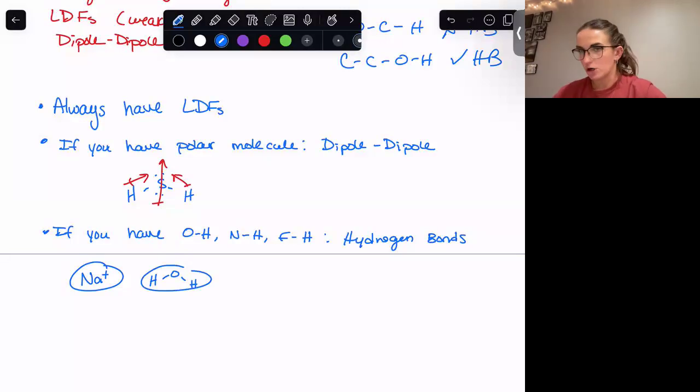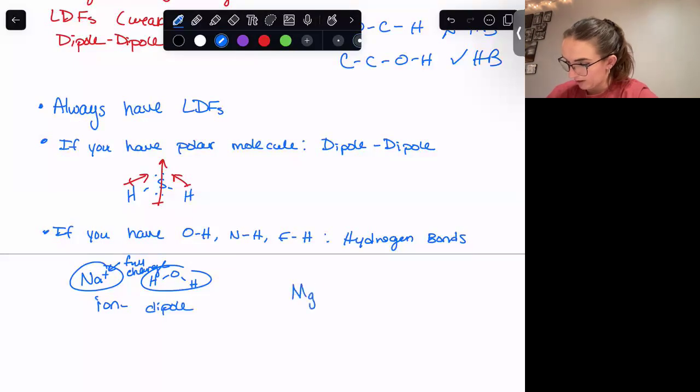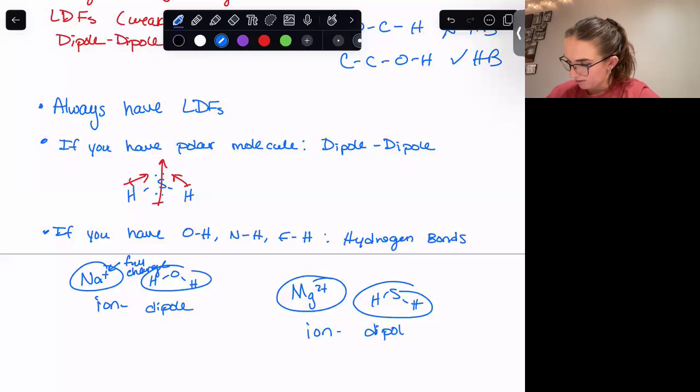Anytime you see something with a charge, with a full charge, right? This is a full charge. This is when you have an ion dipole interaction. The same as if you had magnesium 2 plus close to H2S. Right, this is ion dipole interactions.